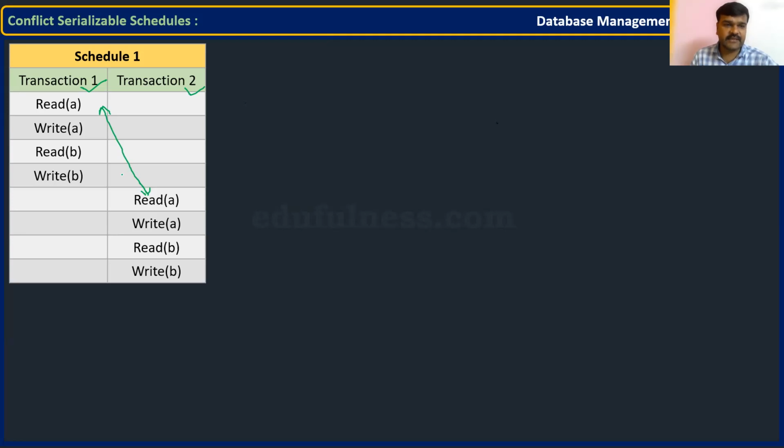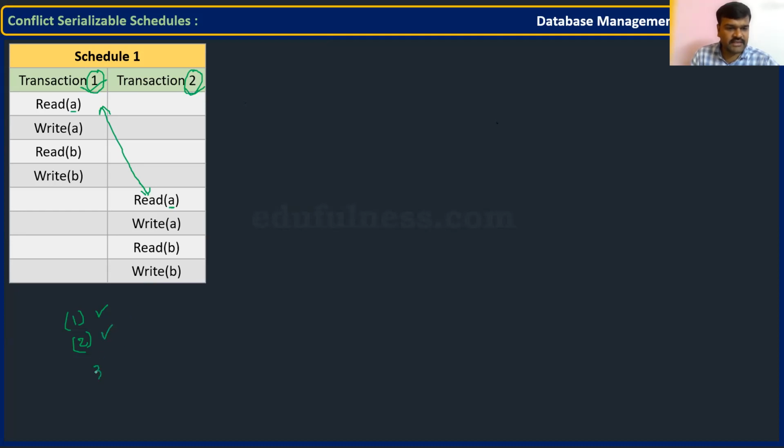The first one: here the data item is A, here the data item is A, so both data items are the same. That is fine. The second one: this is in transaction 1 and this is in transaction 2, so the second one is also fine.